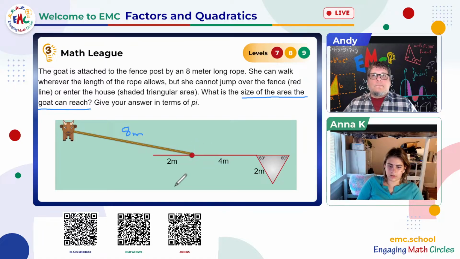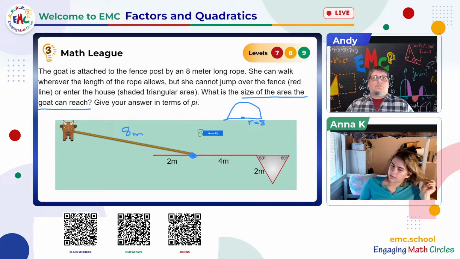So on this side, the goat can reach a semicircle with the radius of 8. So if we're looking for the area, that is 8 squared pi, that's for the whole circle.